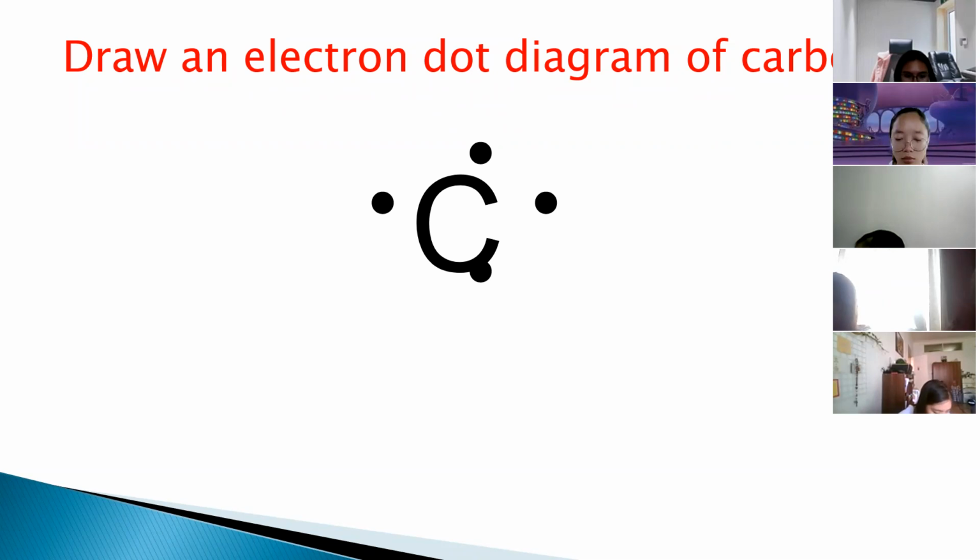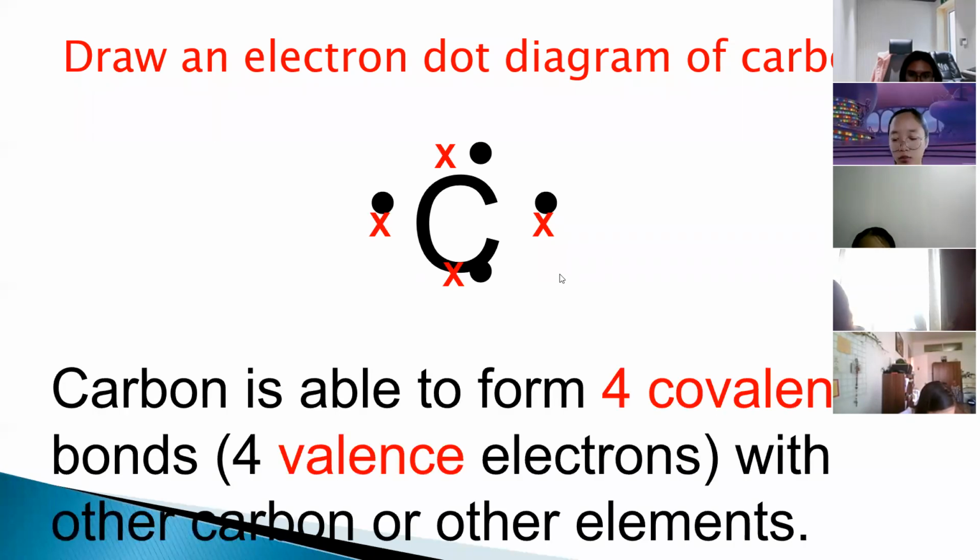Remember, we have shells, orbitals, orbiting the nucleus of the atom, and that is where we can find our electrons. So the outermost shell is where we find the valence electrons. So for carbon, we again have 4 valence electrons, and these valence electrons can form bonds either with other carbon atoms or with other elements.